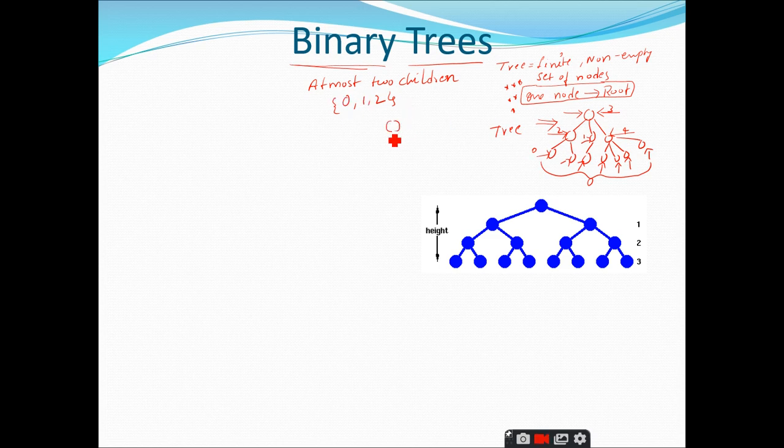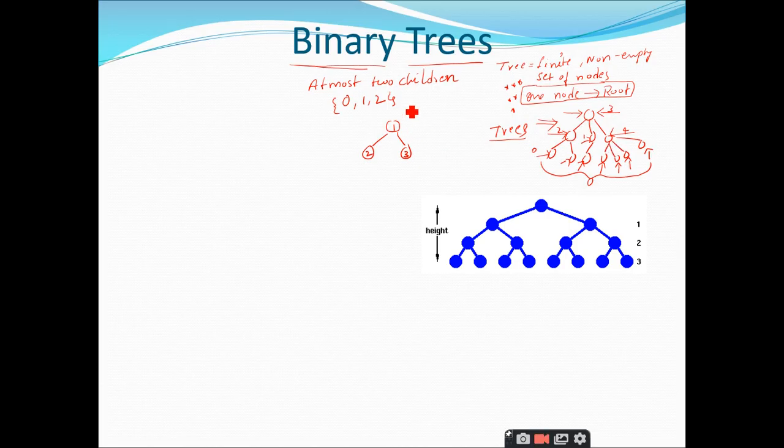So a node can have children like this. Assume that this node 1 is having children 2 and 3. Now while coming to the concept of trees, we don't have any names for the children. For this root node I have 3 children, and I didn't give any names to these children.